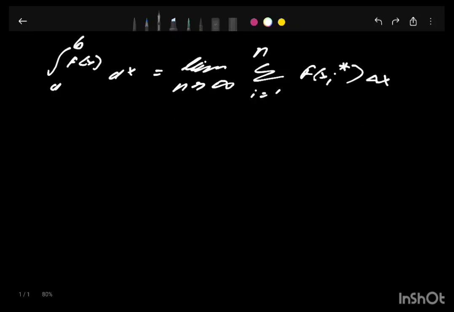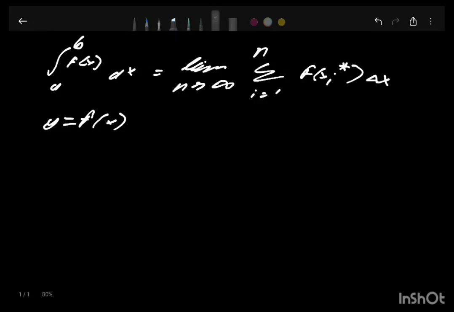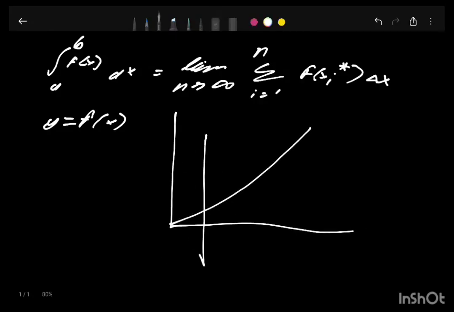First thing we must do is, let's suppose we have a function that is continuous. So we have y equals f of x. Now, suppose we have a graph and a curve. Suppose we have an area that is bounded by two vertical lines, the curve obviously, and the x-axis.